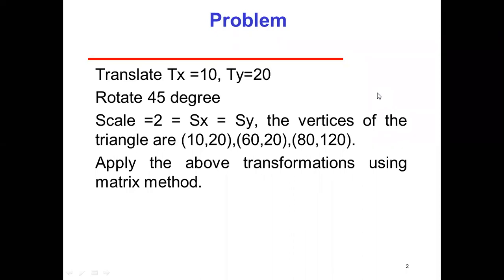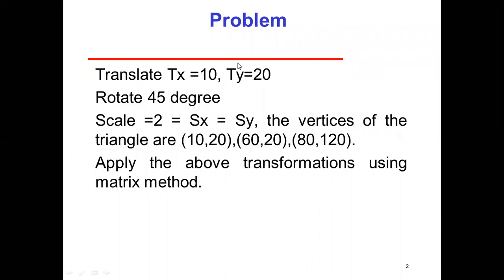X dash, Y dash, equal, again in the form of a matrix, X, Y, 1. So the final coordinates we are considering as X dash, Y dash, 1 in matrix form.